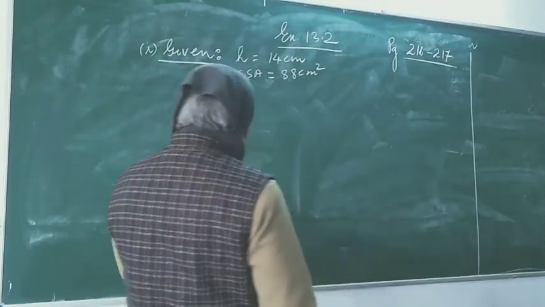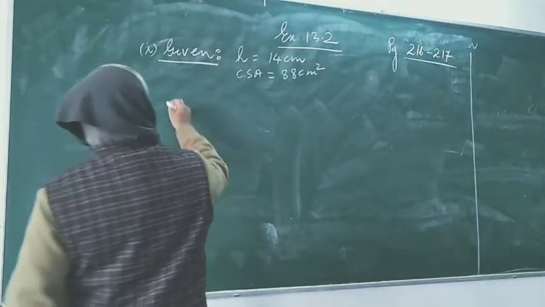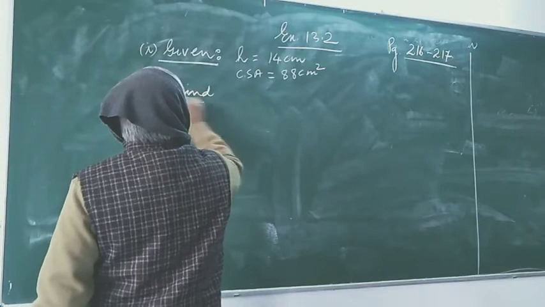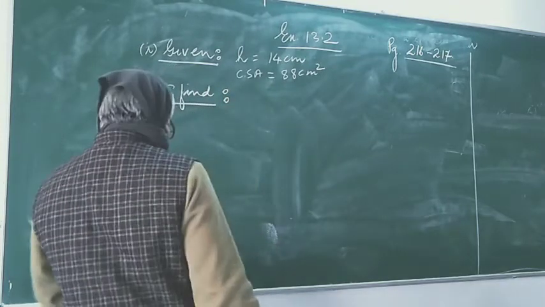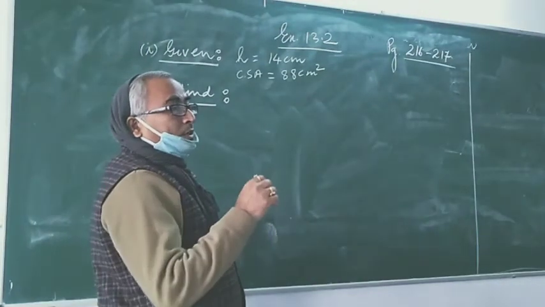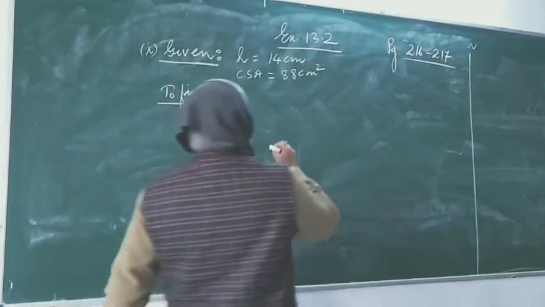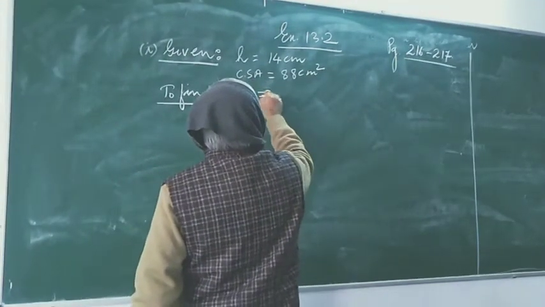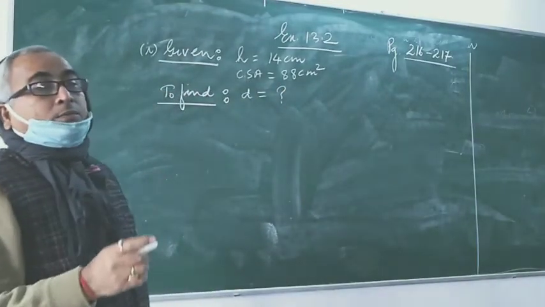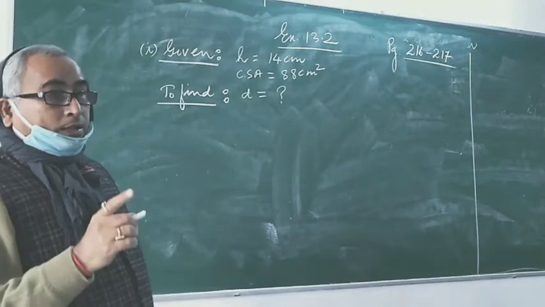These two pieces of information are given and we have to find what? The diameter of the cylinder, the base of the cylinder. Diameter is to be calculated. To find D, what is required? We require the radius.